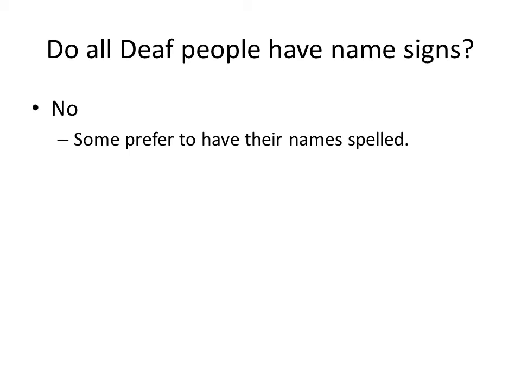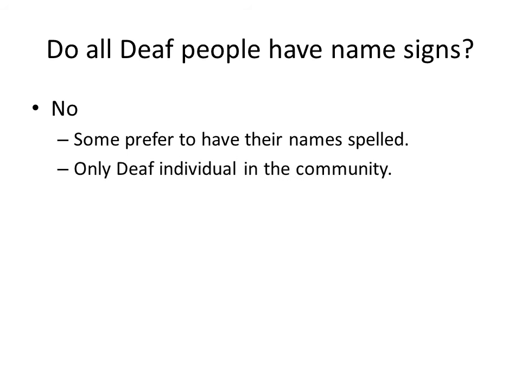Often if the sign looks interesting or is a descriptive name sign, the person is asked to explain how and why they received that name sign. Short names such as those with 4 letters or less are often just fingerspelled instead of the person receiving a name sign.